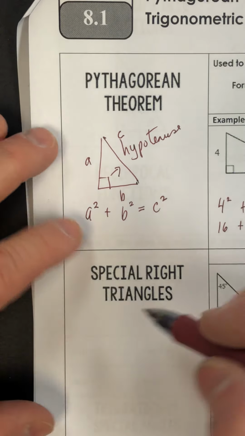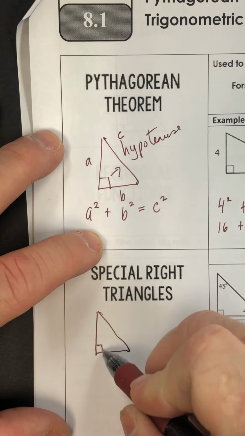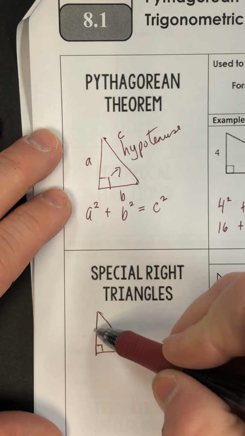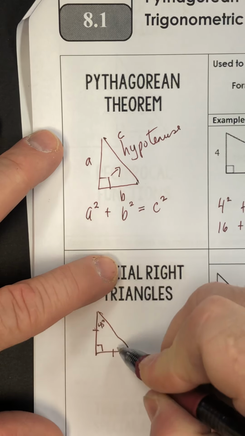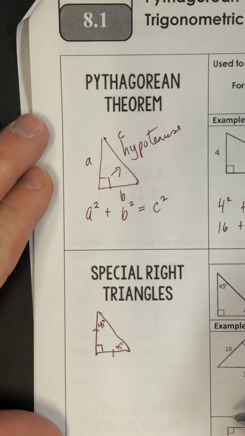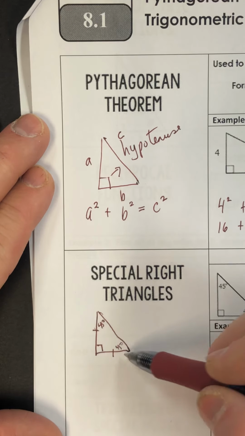First of all, you have a right triangle where these two sides are exactly the same, and the angles in here are 45 degrees, because all three angles had to add up to 180. If those two are the same, then these two sides are the same.